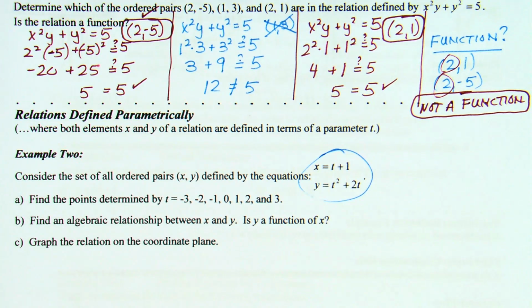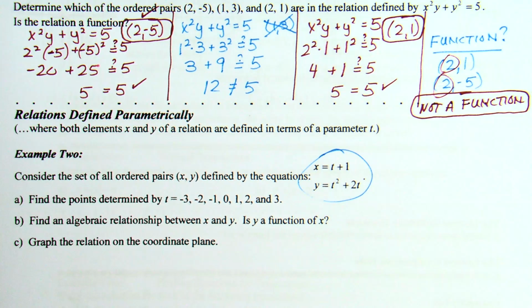So if they want us to find the points, what are they asking me to find? What are points? Yeah, ordered pairs. Okay, if we're talking a point, like a point on a graph is an ordered pair. So they're giving me a t value, and they want us to find the ordered pairs. So the x, y values.